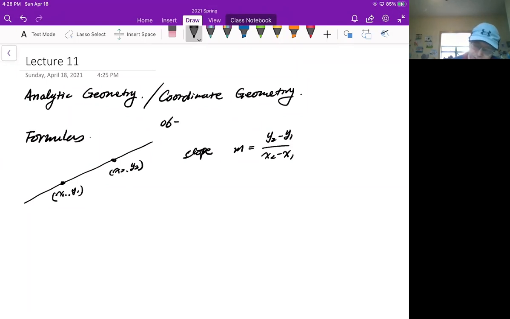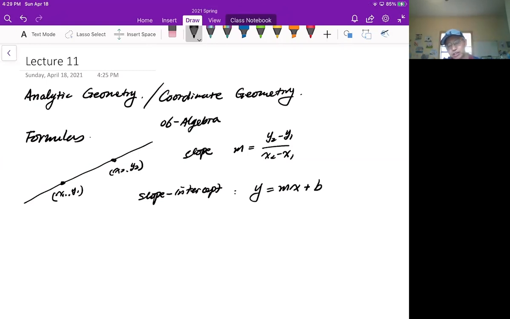That's from 6th grade algebra. Okay, and then we have a couple of formulas. The first one is called the slope-intercept formula. Intercept means the y-intercept. So we get y equals mx plus b, where m is the slope and b is the y-intercept.